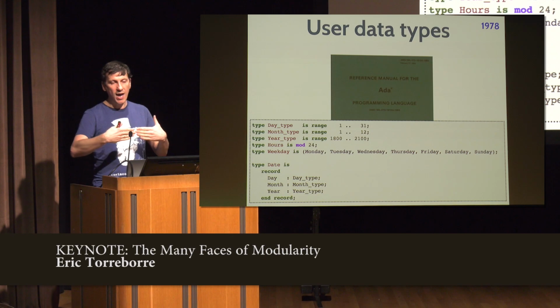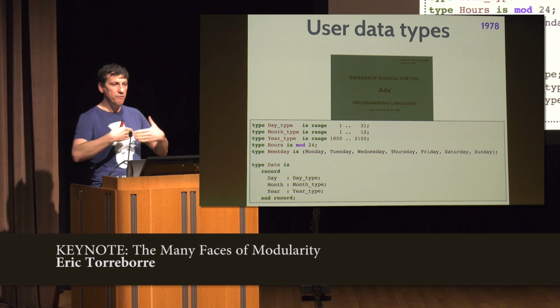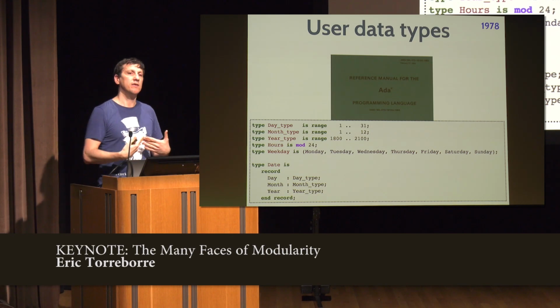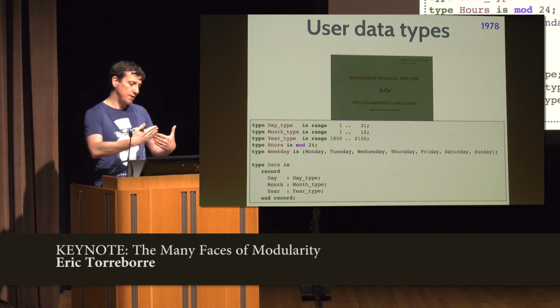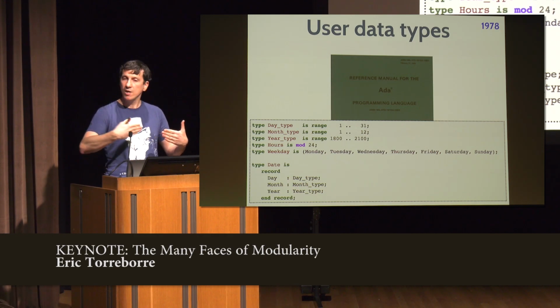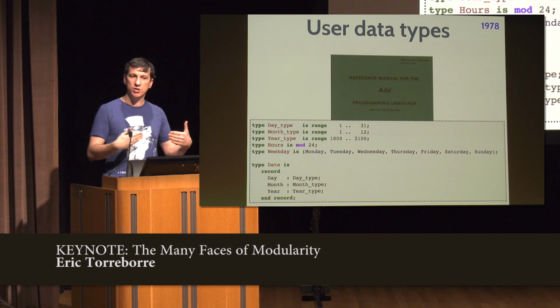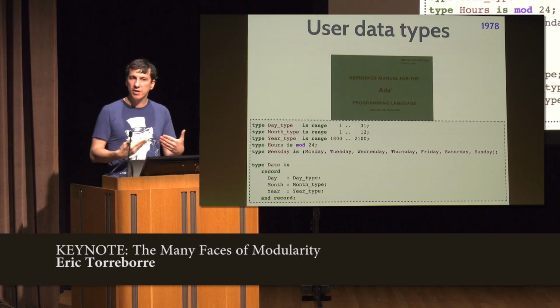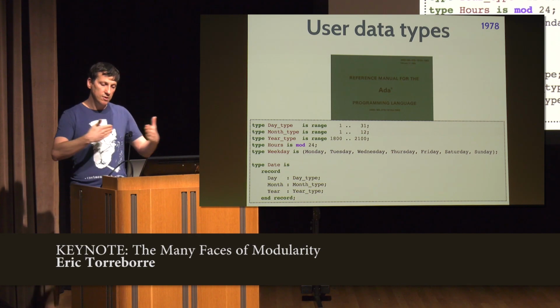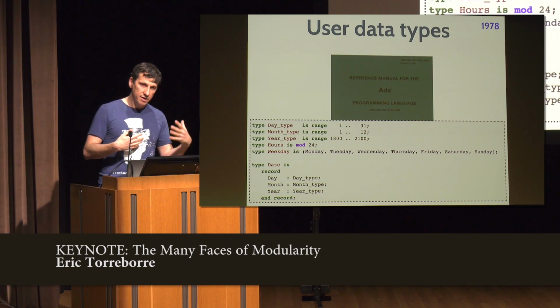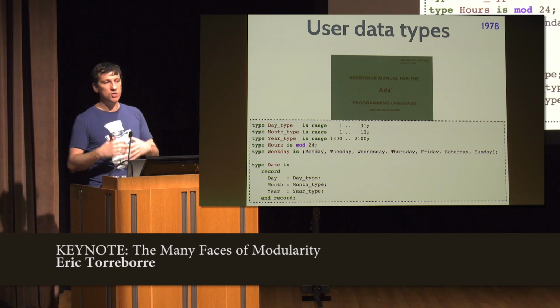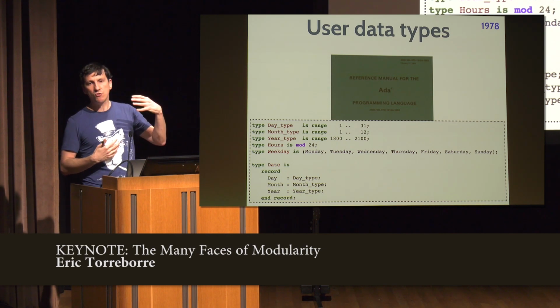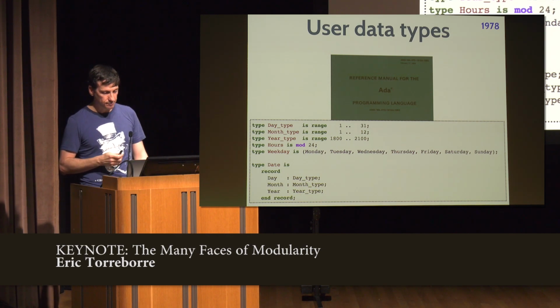And being able to hide that fact and just program with years, months, and days gives you a lot more flexibility and a lot more isolation from any kind of other implementation that you might come up with later on, using different ways of encoding this same information. So again, you have this idea of having an interface and a different implementation, and the interface being just at the right level of abstraction that you want.